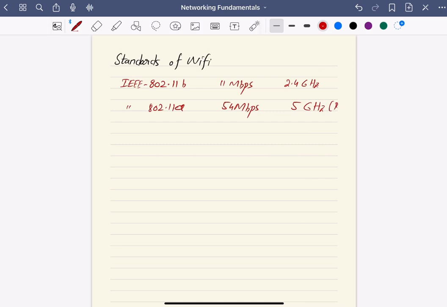It doesn't mean that 5 gigahertz offers more bandwidth because the bands are wider; you can get the same bandwidth with 2.4, but the channels are small here, the channel width, the virtual wire width. Similarly, another standard is 802.11g, which also offers 54 Mbps, but with 2.4 gigahertz.